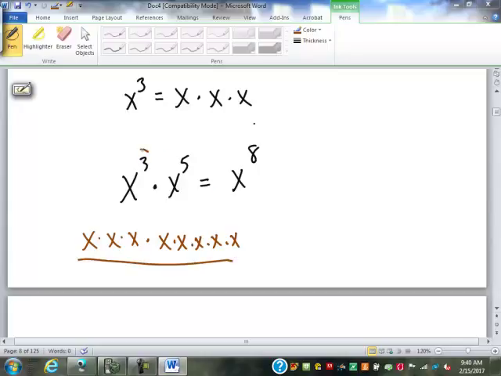So the shortcut is we can just add the powers. No, we're multiplying the numbers, but the powers add. We'll get to that. Yes, there is a case where you do multiply them. So if I had y to the 7th times y to the 11th, I'm going to get y to the 18th.